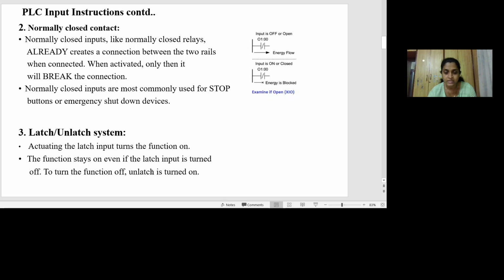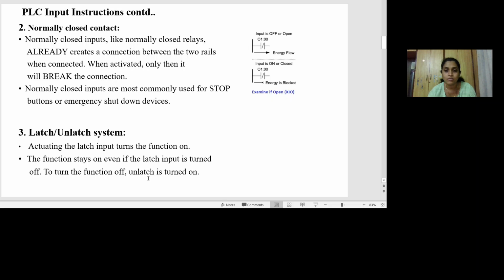So the latch and unlatch system uses two inputs, the latch input and unlatch input. When the latch input goes high, the output element will be energized, and it remains in the energized state even if the latch input is turned off.